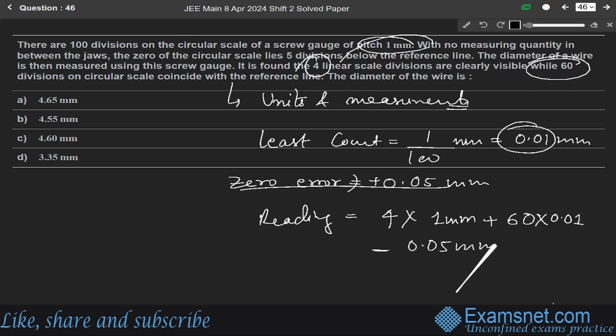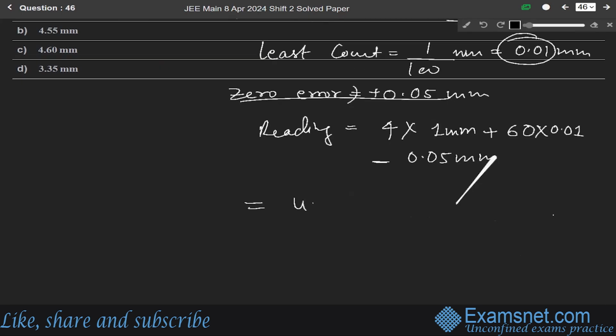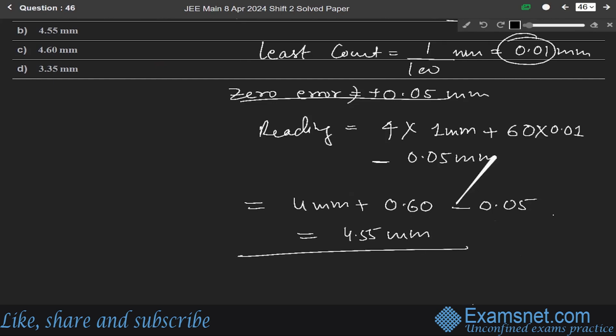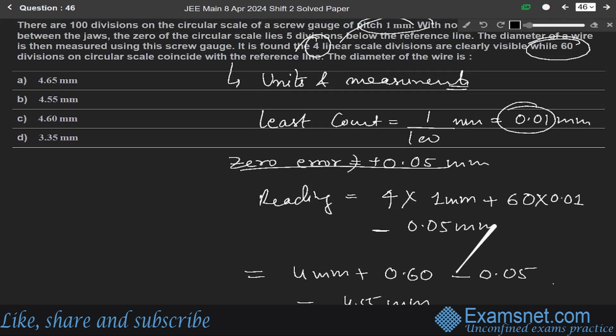So solving it, we get 4 mm plus 60 into 0.01, means 0.60, minus 0.05 mm. So it will be 4.55 mm. So the correct answer is option B, 4.55 mm.